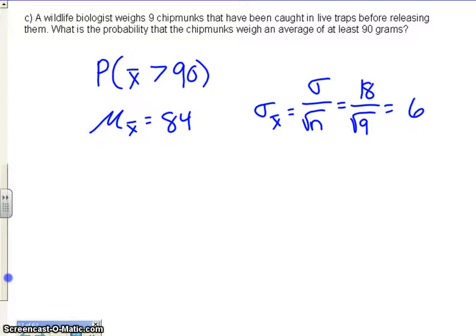Now I'm ready to go get that z-score. So I have already talked about how z is x minus the mean divided by our standard deviation. That's a formula that you need to know. So I've got 90 minus 84 divided by 6 gets me a z-score of 1. Always draw yourself a picture.